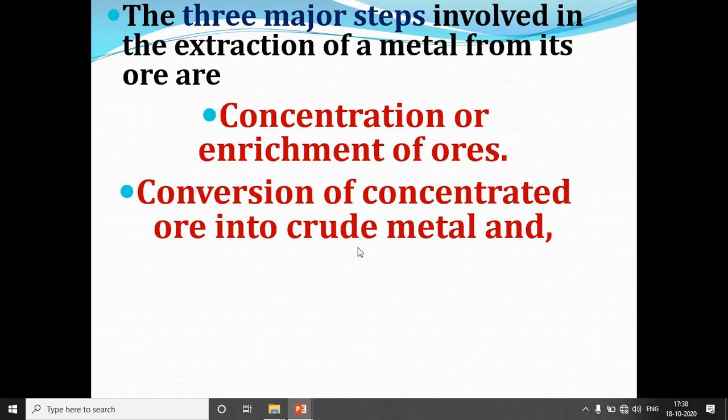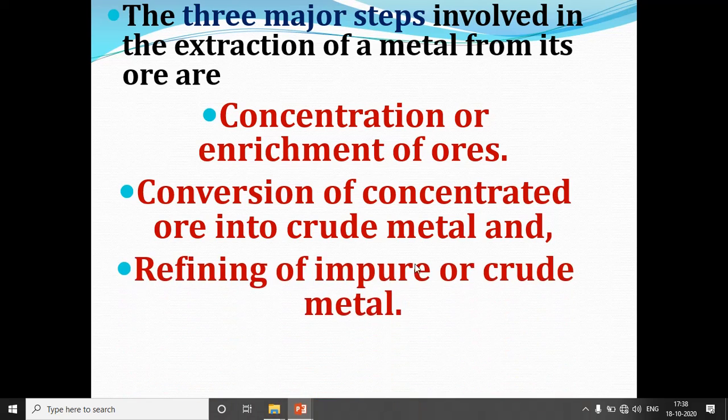That is the second step, conversion of concentrated ore into crude metal. Understood, children? Next, the last step is refining of impure or crude metal. As the crude metal which we obtain contains a lot of impurity, it has to be refined or purified. That is the last step of extraction of metal.